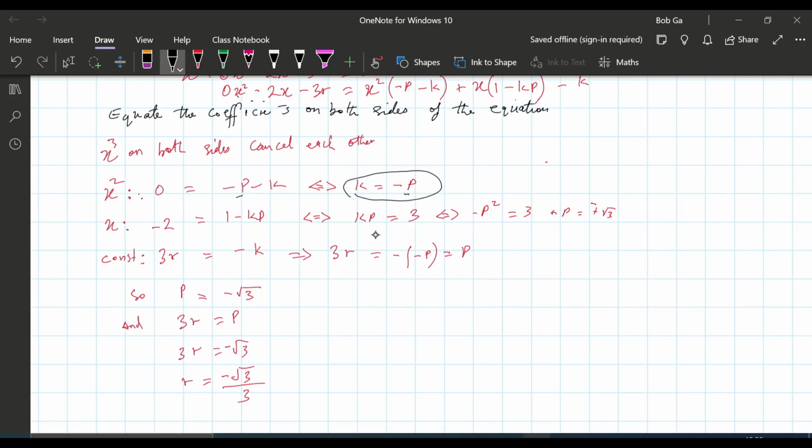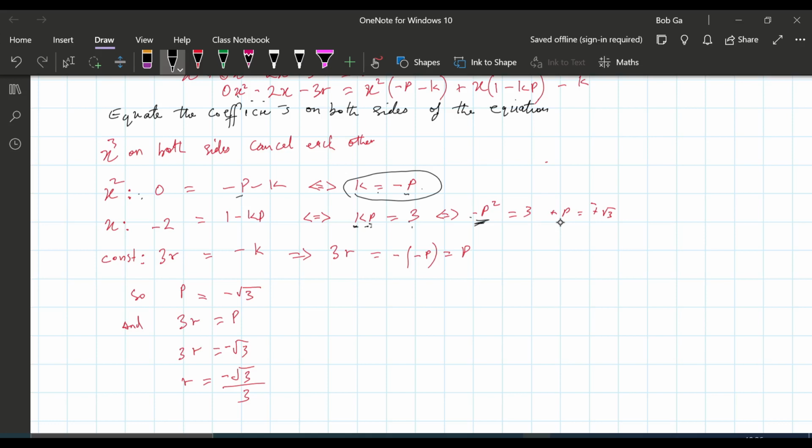So this k is negative p, then times p. So negative p times p is going to give me negative p squared. So that's how I got negative p squared here, equal to 3, because we said kp is equal to 3.